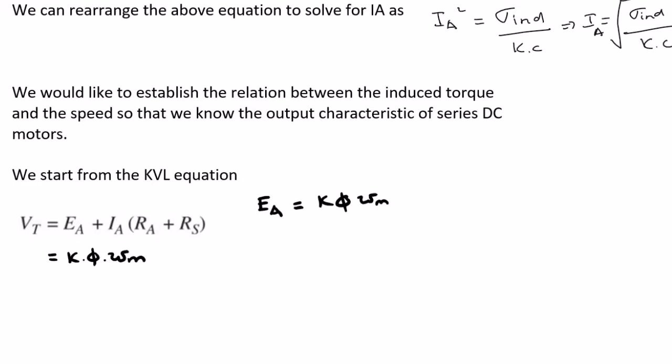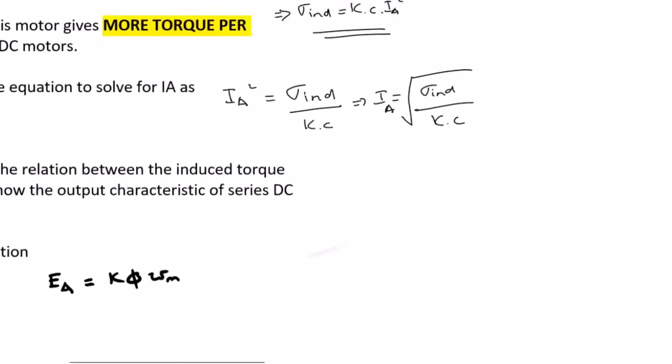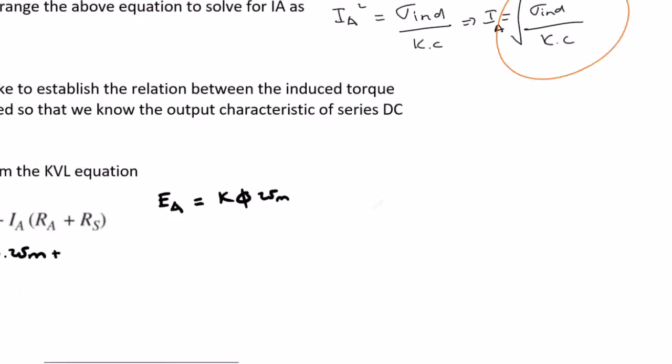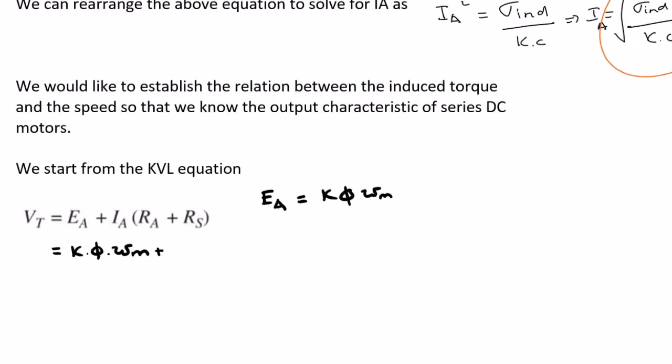While for Ia, we are going to use this. So this will be equal to the square root of the induced torque over K times C times Ra plus Rs.